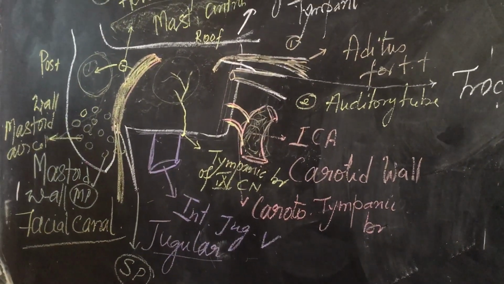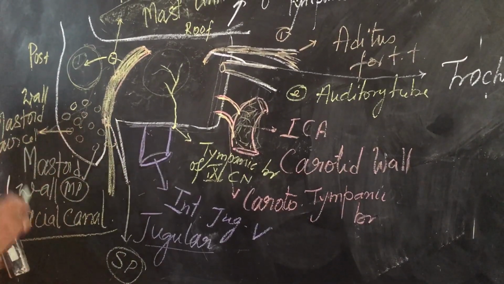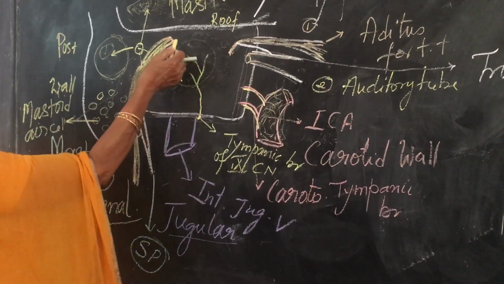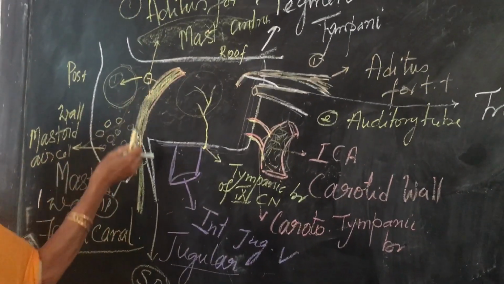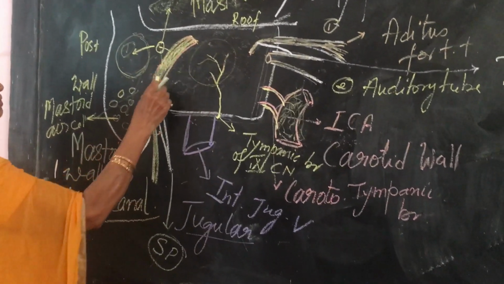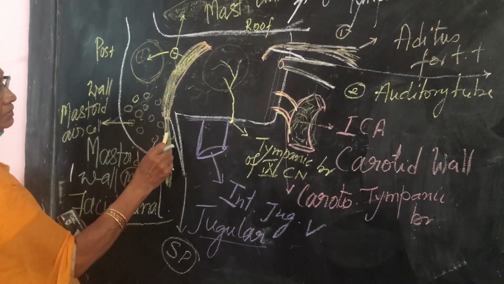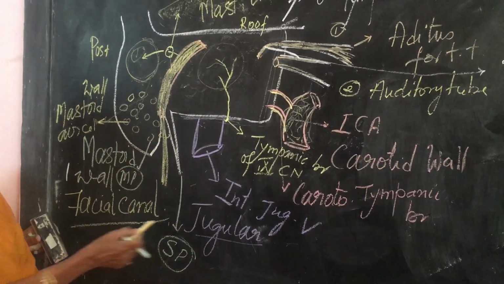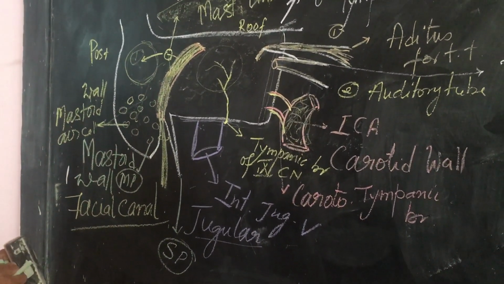The facial nerve enters the middle ear cavity in the upper medial wall, then onto the posterior wall, and emerges out through the stylomastoid foramen to the parotid region.